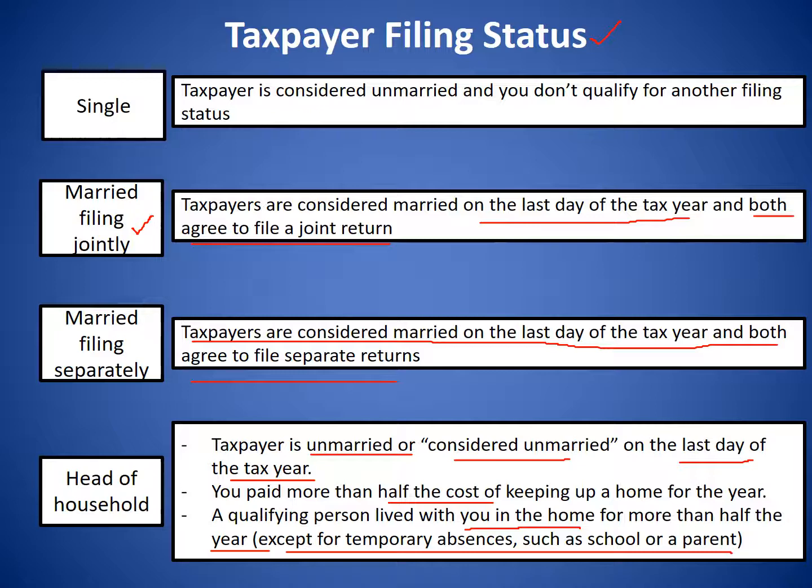Now, single I've left over because that status is considered to be an unmarried taxpayer, or the taxpayer doesn't qualify for another filing status. So these are very simplified taxpayer filing statuses that you should be aware of, and some of the rules that are associated with them.